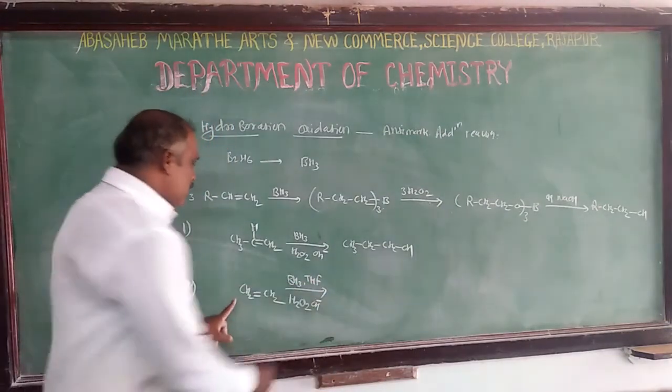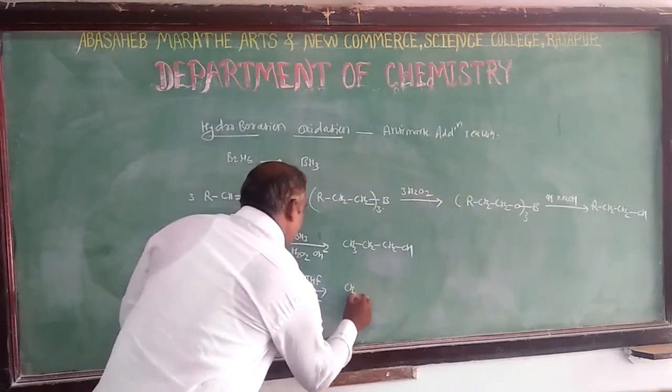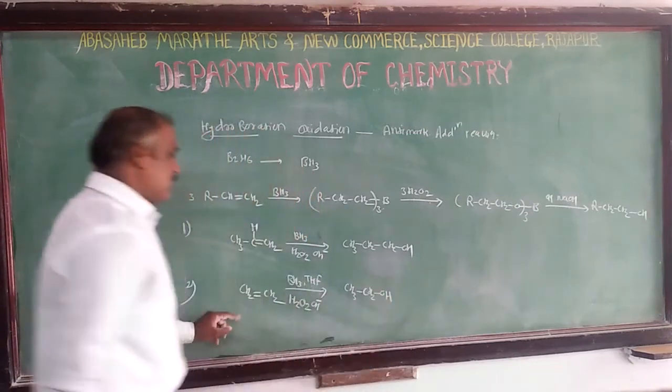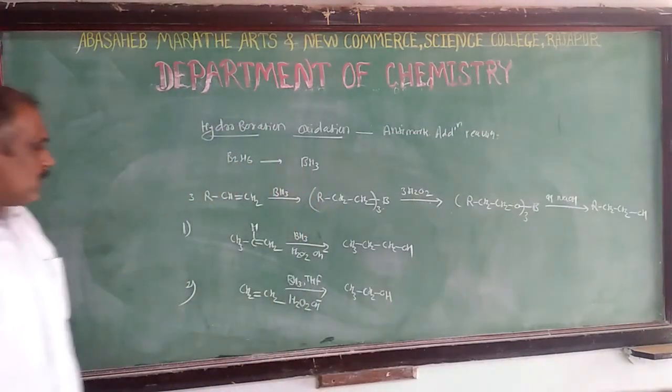Then what is the product? Product is CH3CH2OH, primary alcohol as the product.